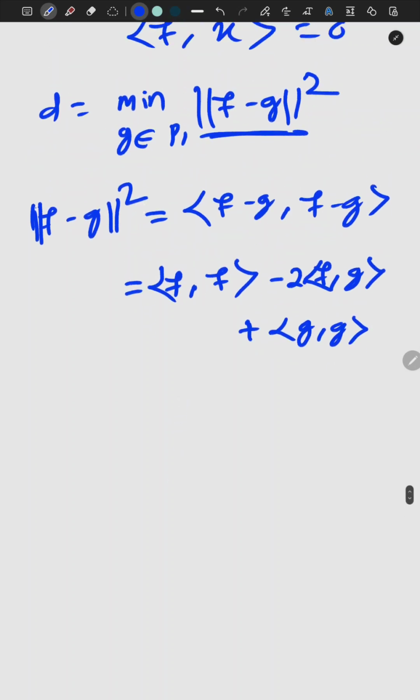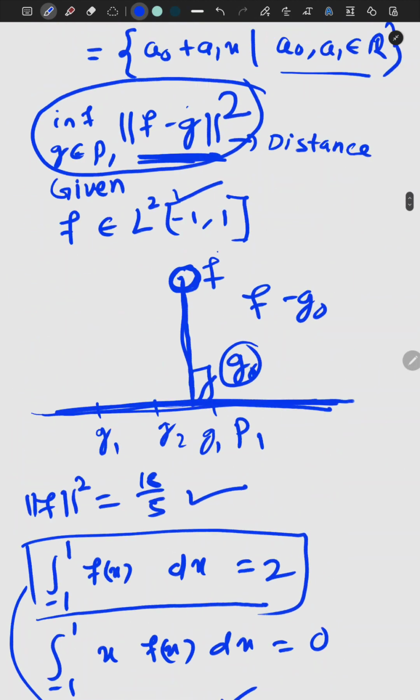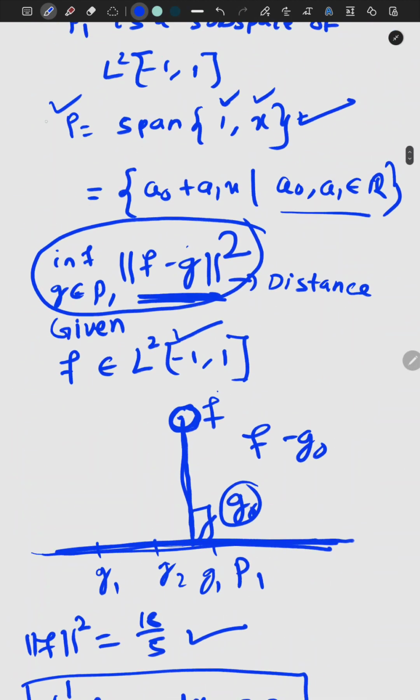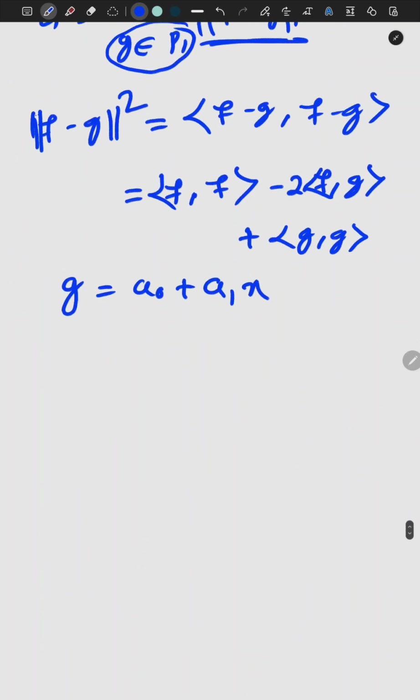But g lies in what? g lies in the P1 space. So g looks like this: g equal to a naught plus a1x. The definition of g, if g is an element in the P1 space, looks like a naught plus a1x, okay. So g equal to a naught plus a1x.